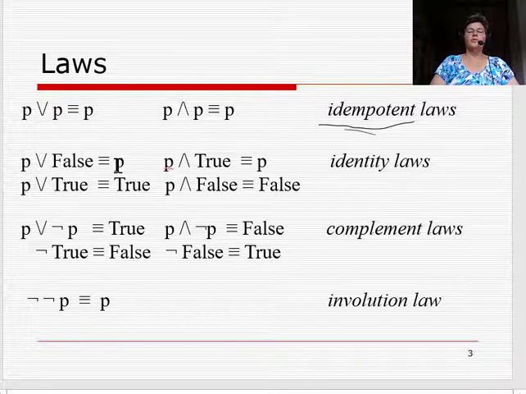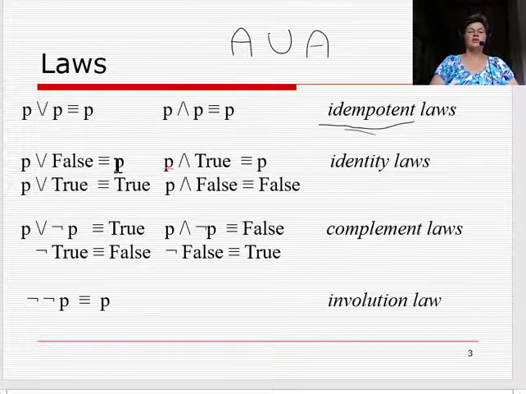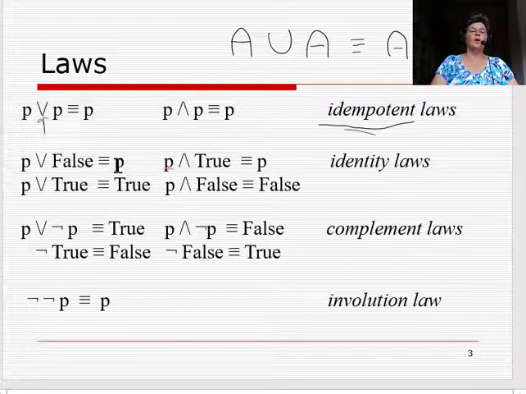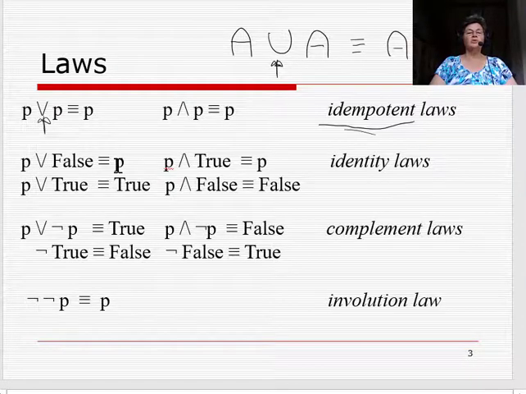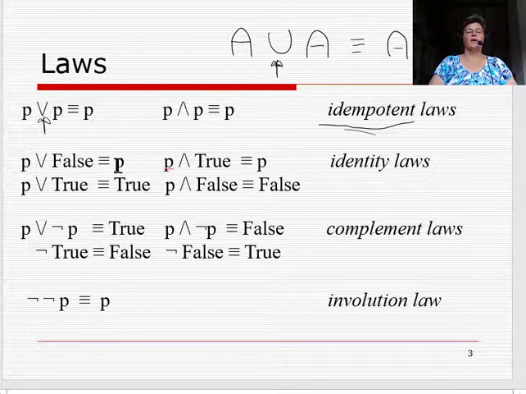If you compare it with set theory, this would mean set A united with set A, and of course that is identical with A. So the or in logic you can translate with the union in set theory, and then the law is exactly the same.